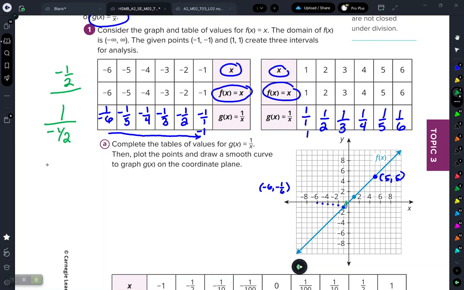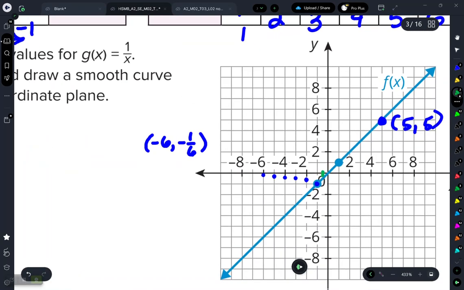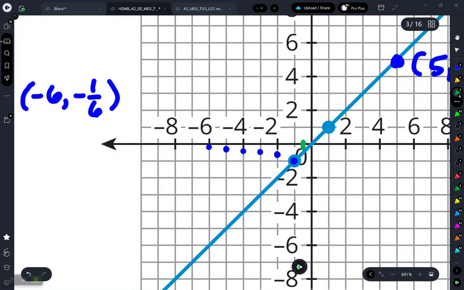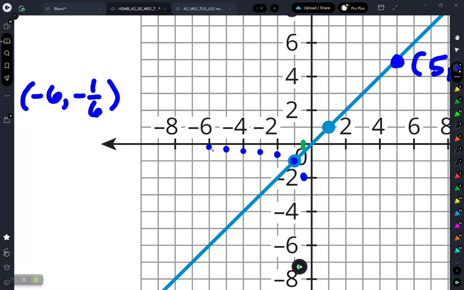Well, it's going to be negative. Think of it this way: how many halves go into 1? The answer is 2. So it's negative 2. That's an extra point that will help you see what's going on. When we plug in negative 1/2, you get negative 2. It's curving quite dramatically, actually.